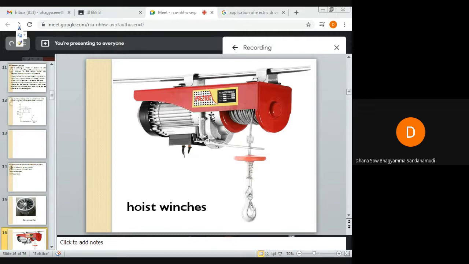Another example is the metal cutting lathe machine. I think I have shown you the lathe machine operation in an earlier class. In order to cut the metal at a certain angle, we have to set the settings, and for a certain duration of time we hold the object and cut at that angle.